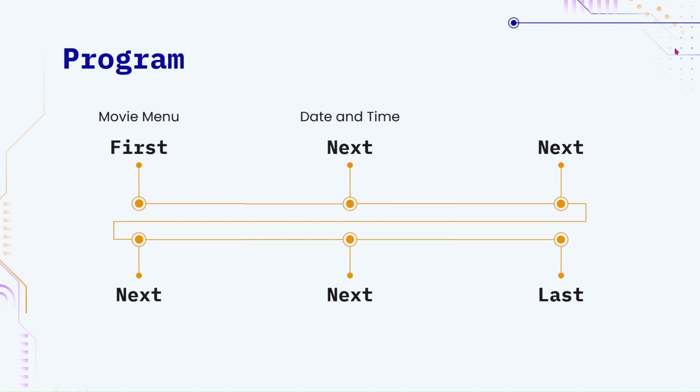Following this, the program will seek input from the user regarding the number of adults, children, and senior citizens in their party. To enhance the user experience, the system will offer a visual seating chart, enabling users to pick their preferred seats, ensuring a personalized and comfortable viewing experience.